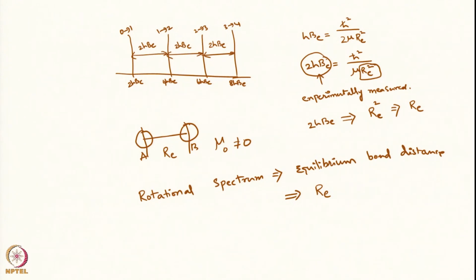Now, one of the problems of rotational spectroscopy is something called centrifugal distortion. What is centrifugal distortion?